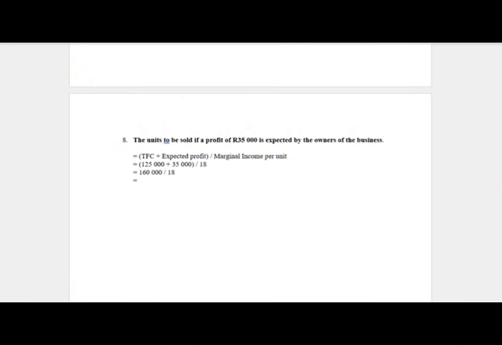I'm getting 888 something, so you can say it's 8,889 units to be sold to make a profit of 35,000 rand.